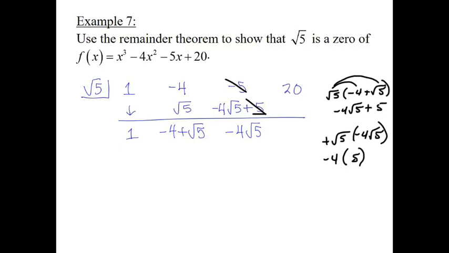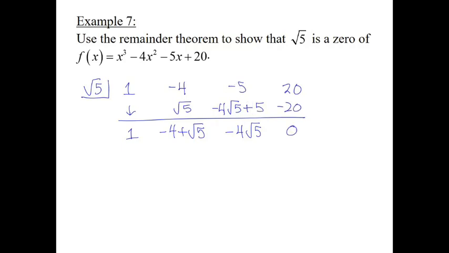And so -4 times 5 is -20. And that'll be -20 here in the next slot. And so your remainder is 0. And that shows, when I get that remainder of 0, that the square root of 5 is a 0. Therefore, as the 3 dots means therefore, the square root of 5 is a 0 of the polynomial.